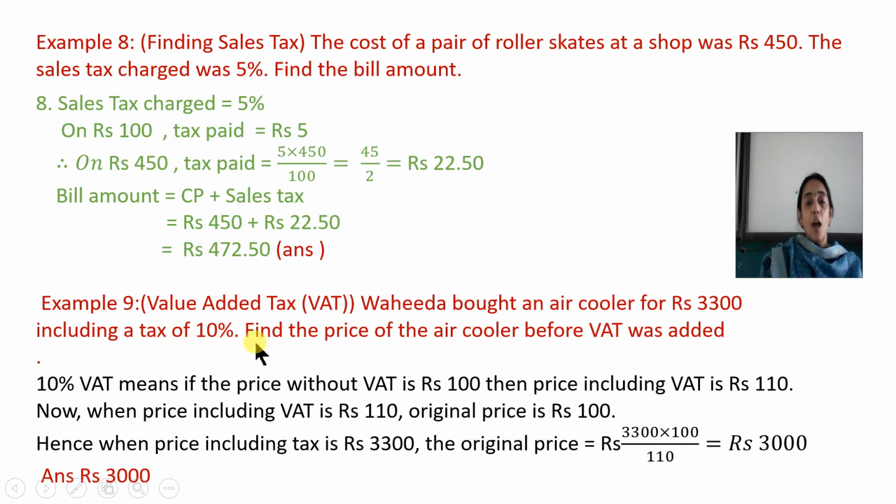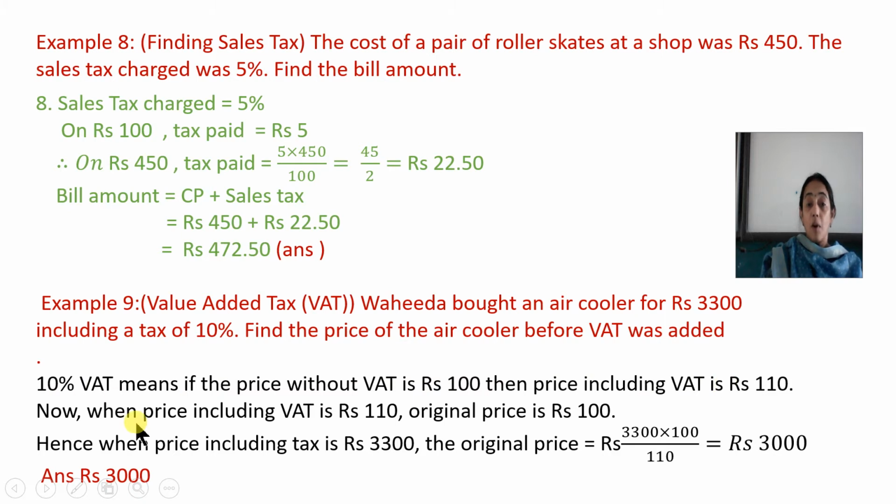So first of all, how much is that 10% you find out. So here 10% VAT means what? If the price without VAT is rupees 100, then the price including VAT is rupees 110. What does 10% VAT mean? That if the price without VAT, that means if the original price was 100, then the price including the value added tax is rupees 110.